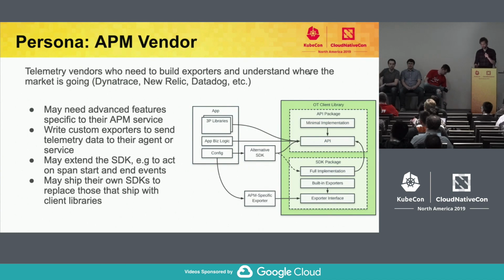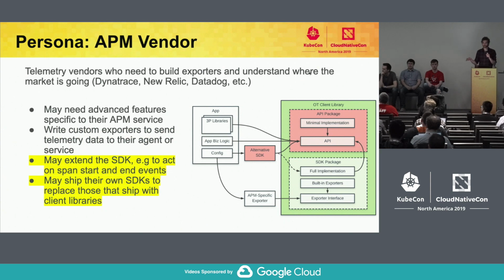Now, if you're an APM, things get more complicated. Usually what you'll want to do is ship your own exporter. So this will take OpenTelemetry data, convert it to the shape that you need for your backend, and do the actual work of shipping it off to the backend. You can also, if you want to, completely rewrite the SDK.